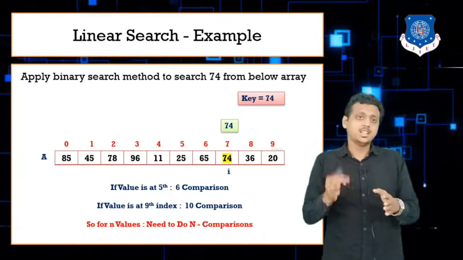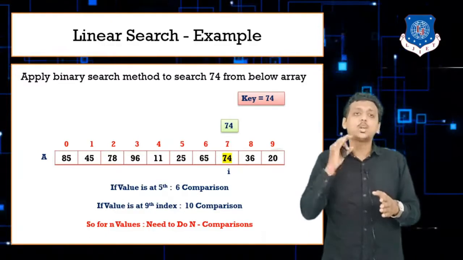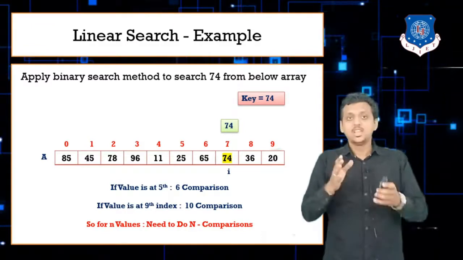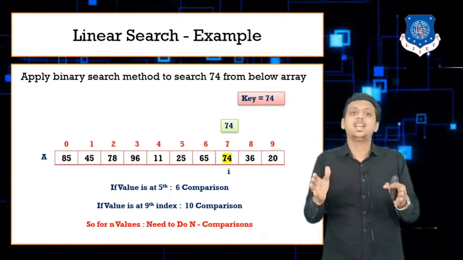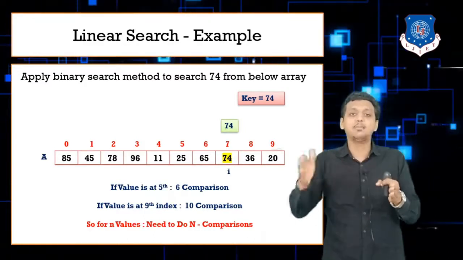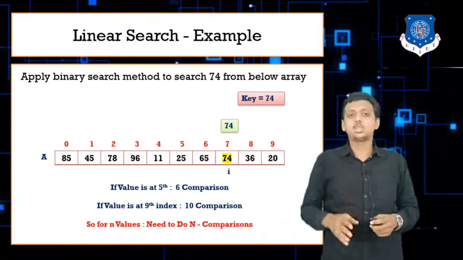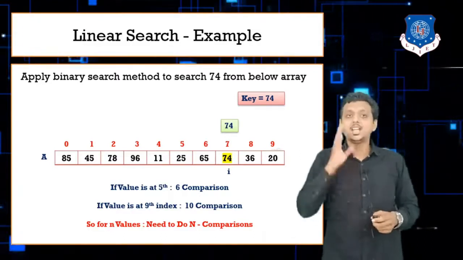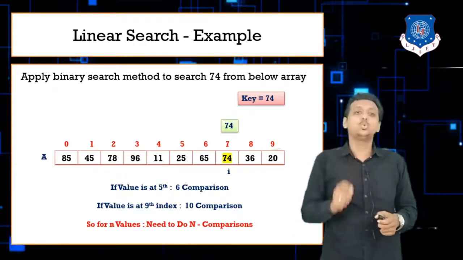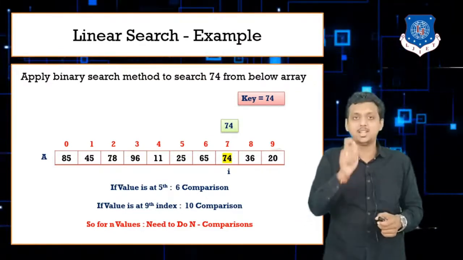That means in linear search, you need to compare maximum n values. If there are 100 elements in the array, then you have to compare your key value with each and every element. Just imagine a worst case where you have the element at the last index, then you have to do comparison for the n elements.